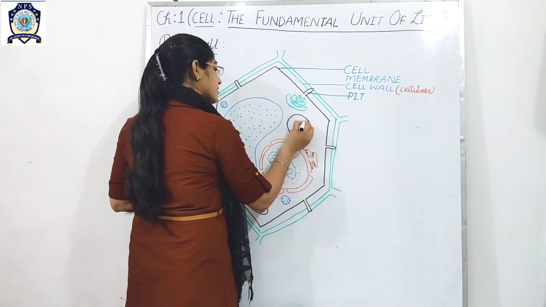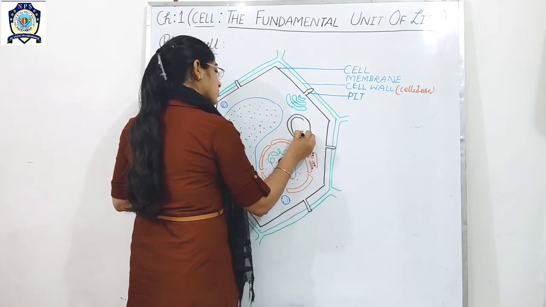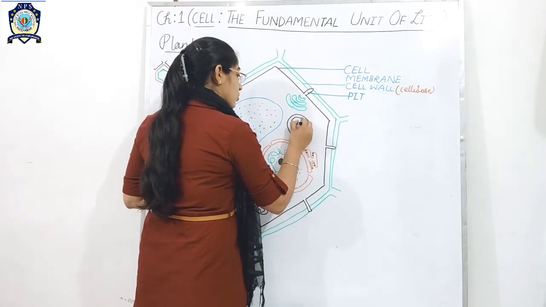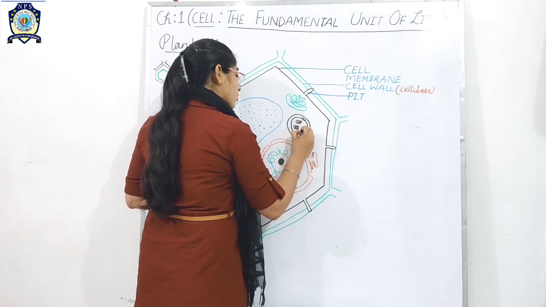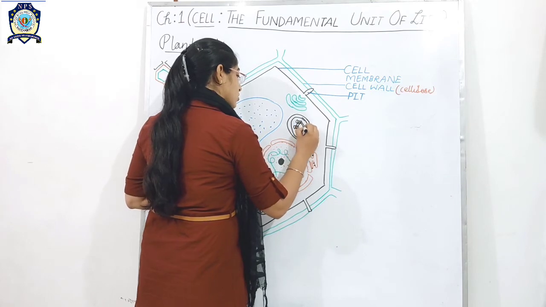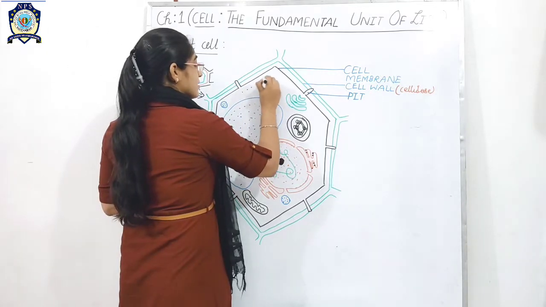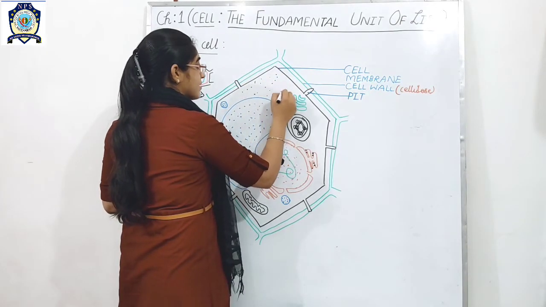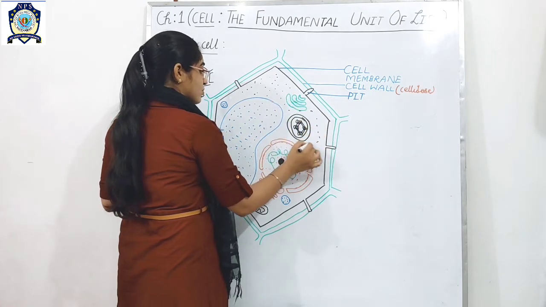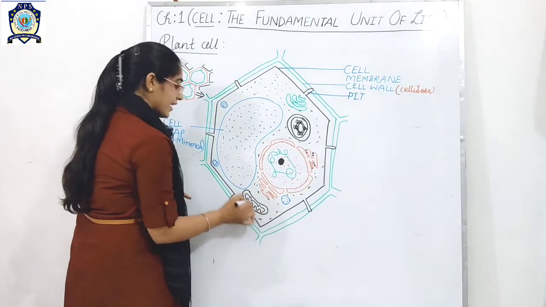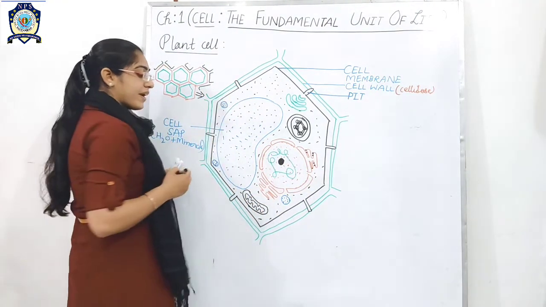We have discussed in our previous class that in a plant cell there are chloroplasts instead of chromoplasts, because plants perform the process of photosynthesis. Is that clear? So again this is the cytoplasm of the cell, this is the matrix of the cell, so you have to fill it again in this way. I think you can easily fill it.